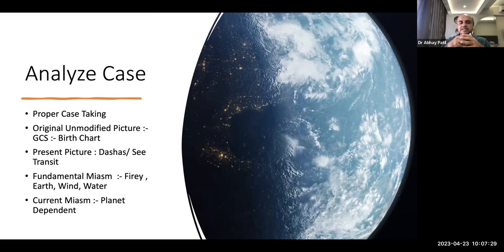Then you have got a present picture. That is what we see by transit. That is the present planetary position for that person. So the concept I have learned in 30 years is that you cannot always give a GCS, or a remedy which is based on the original unmodified picture.